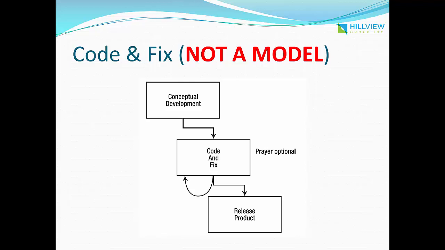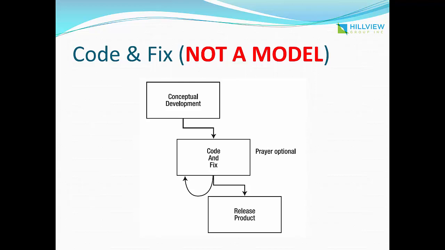After you have written your code, you compile the code, and then you try it out. Now, if the code doesn't work, you fix whatever problem is stopping it from working, and then you try it again. Then you continue this cycle.